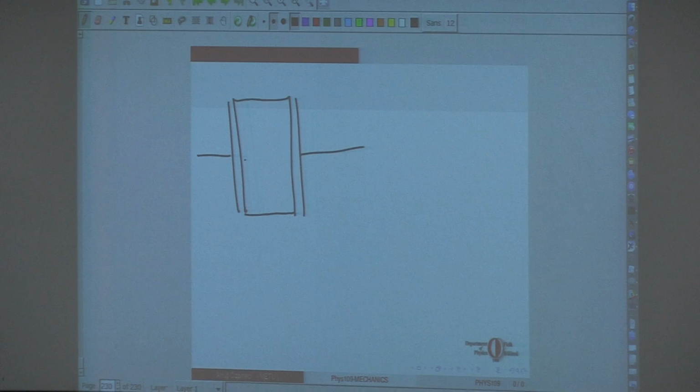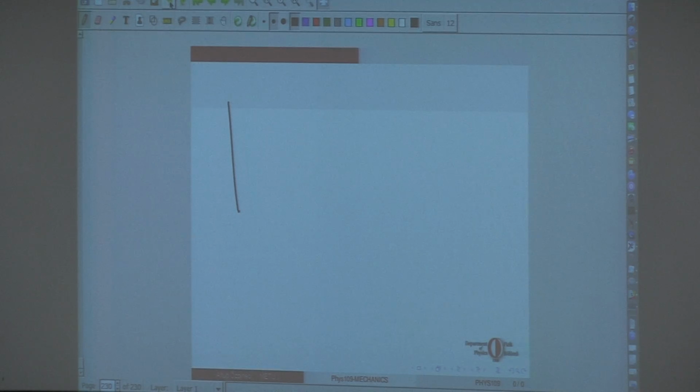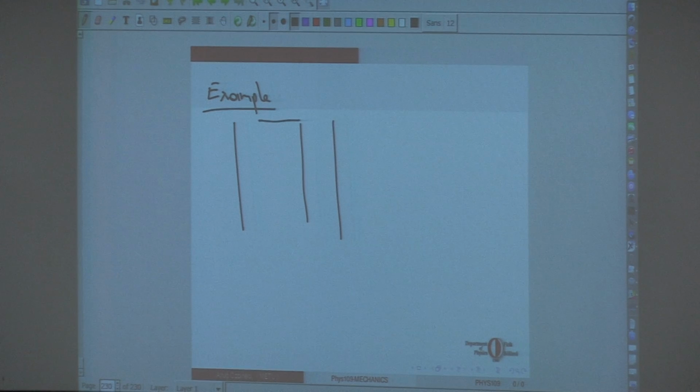Okay, so an example. This is your friend's question. Let's take two parallel plates, put some metal in between, a conductor in between, and then insulators here, so that the conductor doesn't touch.